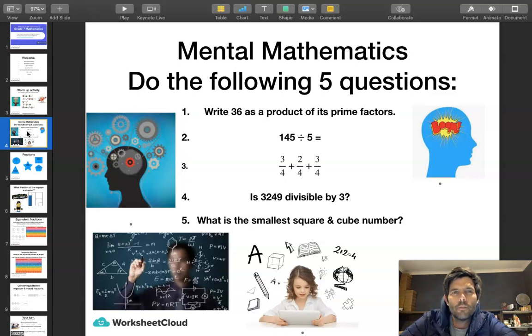Then testing your divisibility rules that you should know and have under wraps, and we'll discuss that. And then just to get you thinking a bit more carefully, what is the smallest square and cube number? So it's the same number that's a square number and a cube number, the smallest one that shares both characteristics. Right, off you go.